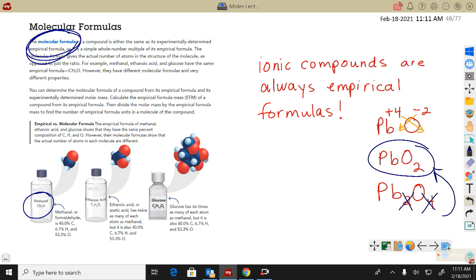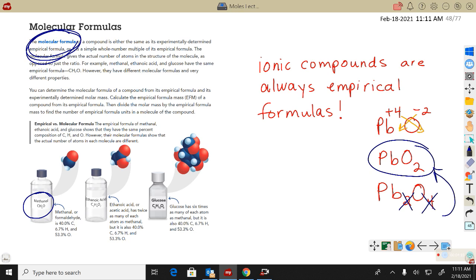Molecular formulas are really only going to be used in reference to covalent compounds, so all nonmetals, which sometimes are just big molecules, and we really can have 6 carbons, 12 hydrogens, and 6 oxygens. The problem comes in trying to determine a molecular formula. We were determining empirical formulas given percent composition data.